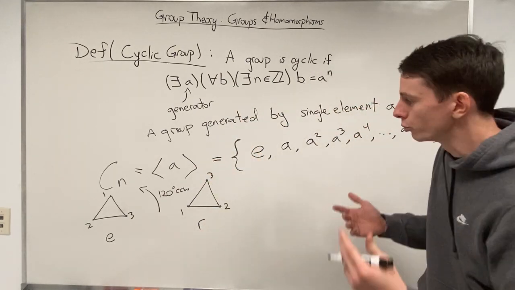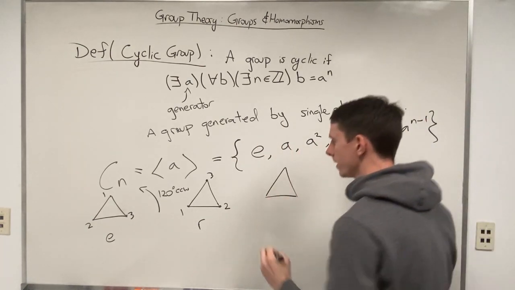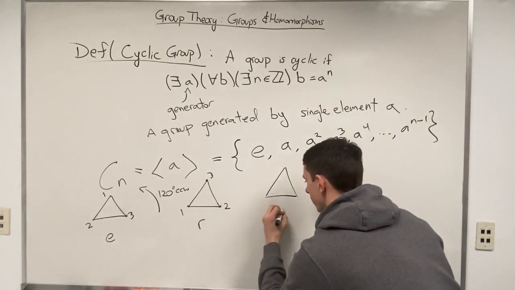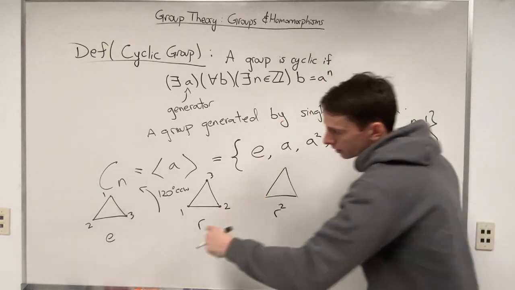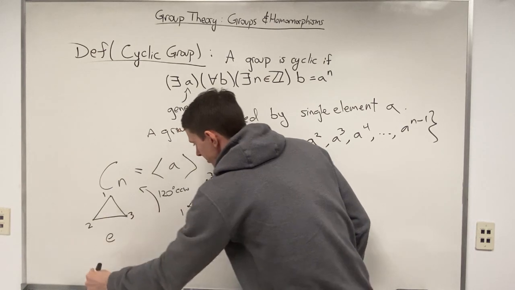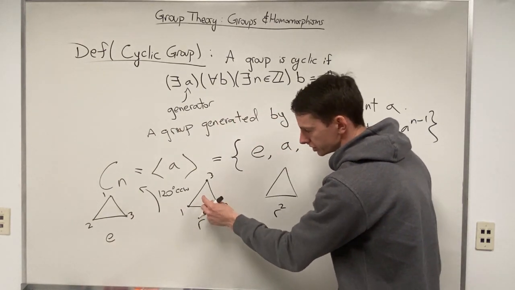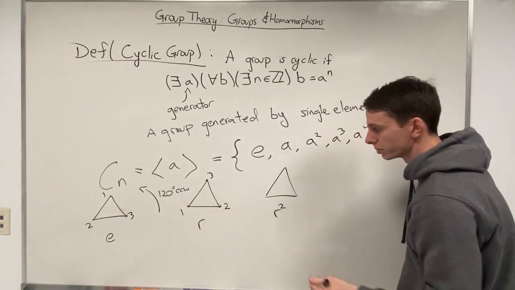What I'm saying is that we would get yet another triangle if we were to apply this same rotation again, if we were to apply R 2 different times. So that would mean we apply the 120 degree rotation to this thing twice, or the 120 degree rotation to this thing once, because this already has one rotation applied to it.